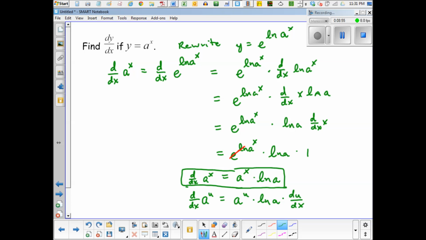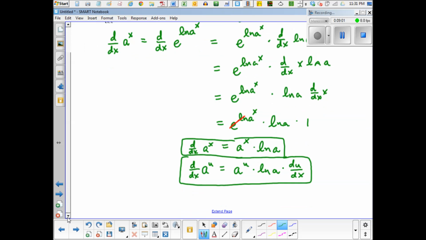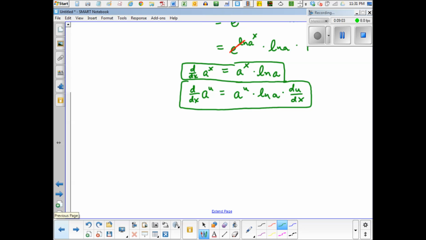So there's the chain rule. Or if you want to write it as a to the u differentiated with respect to x is equal to a to the u ln a u prime. Okay, let me just show you how easy this really is to use.